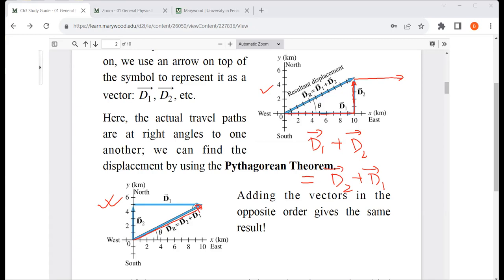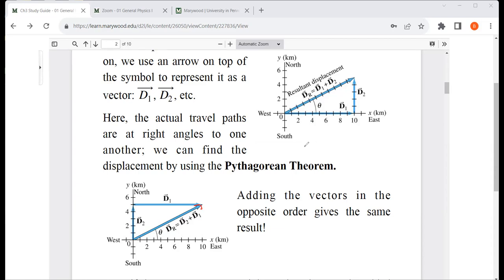Okay, all right, the method we need now is called the tail to tip method. So the tail to tip method tells us that if we have more than one vector, then we first draw one vector.